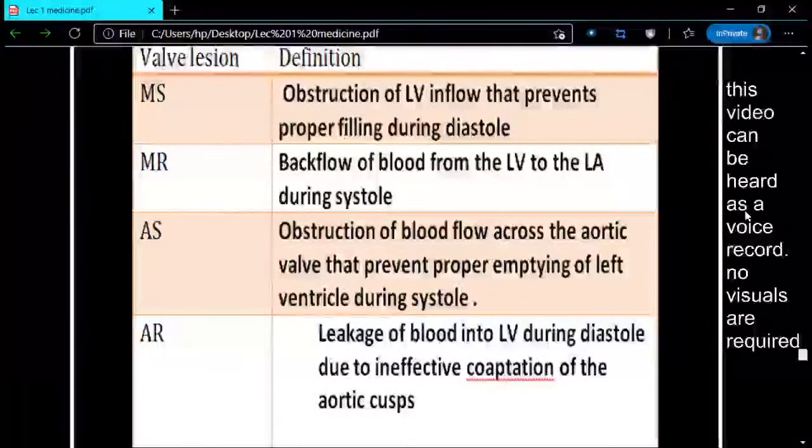MS, MR, AS valve lesion, AR valve lesion, all about the left ventricle. First one, MS, is obstruction, diastolic.